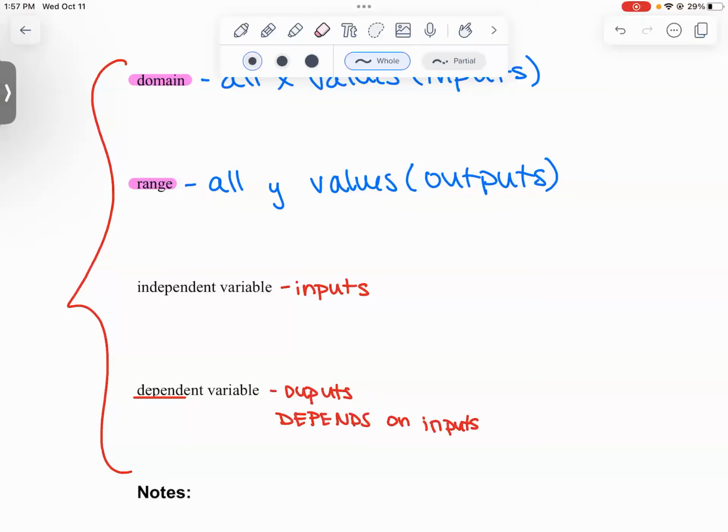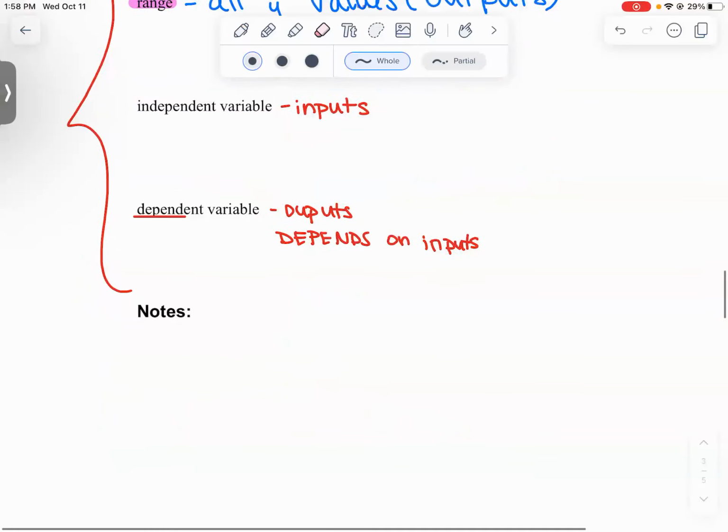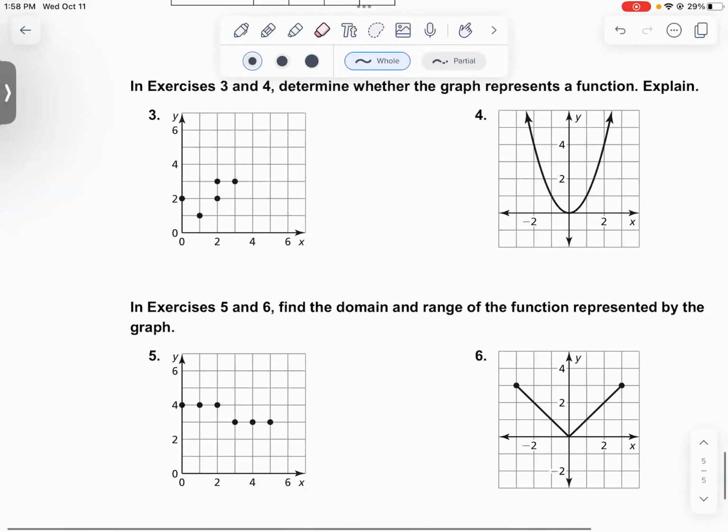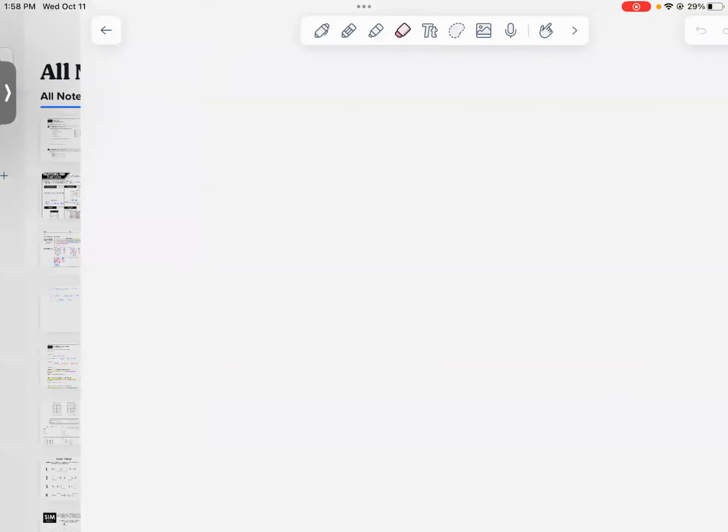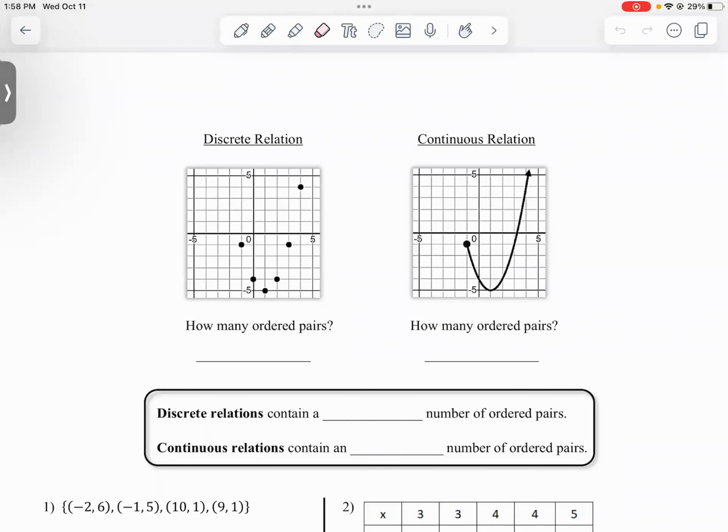Did I fold it right this one? Wait, but what side do we fold on? Take a guess. This is the front side, right? And I get it wrong.